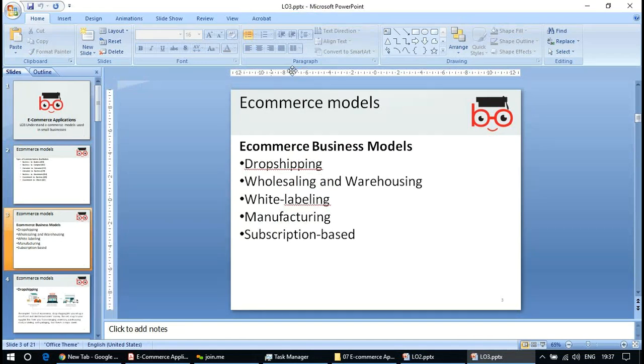E-com business models are dropshipping, wholesale and warehousing, white labeling, manufacturing, subscription based. So we already discussed the classification earlier, and let us have a look at the models now.